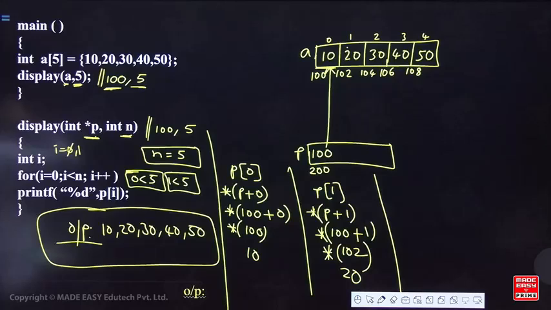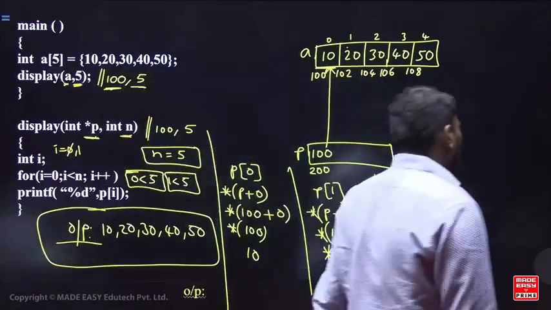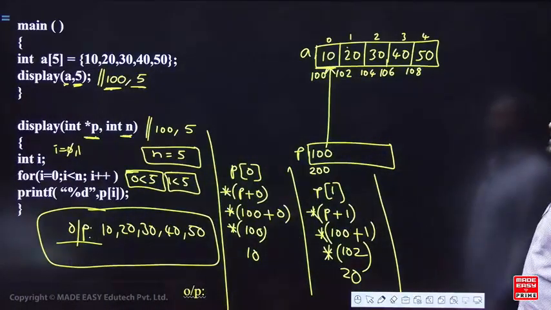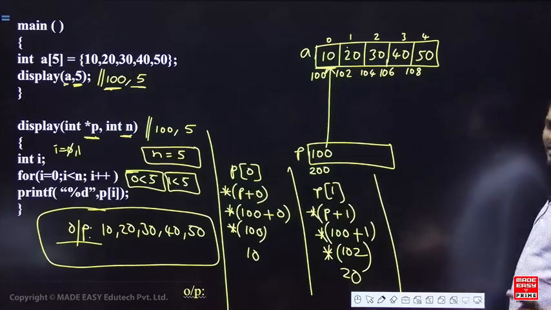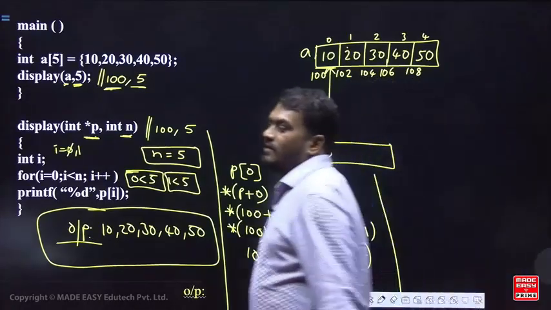Yeah, Shubhi Goel, you will understand that later on, when I discuss the typecasting concept. So don't worry, everything will come one by one in sequence. Why are you worried?